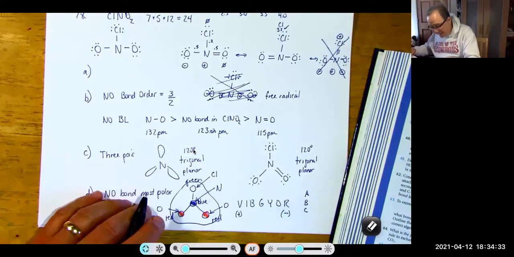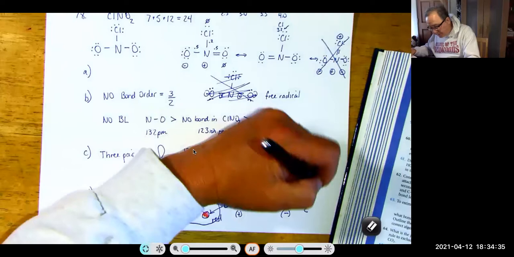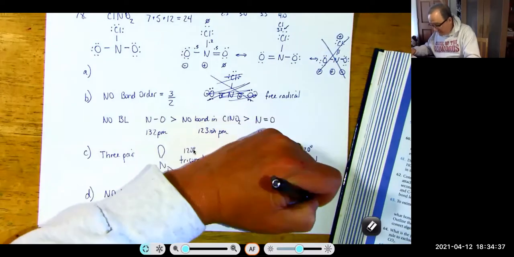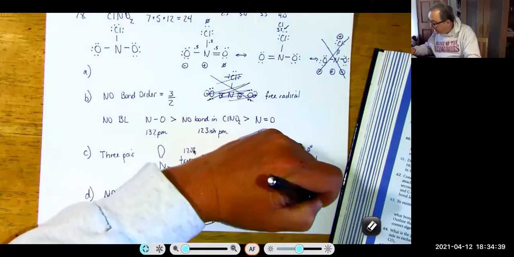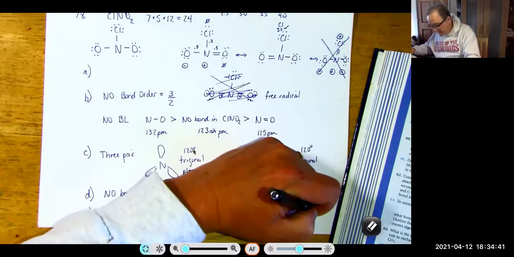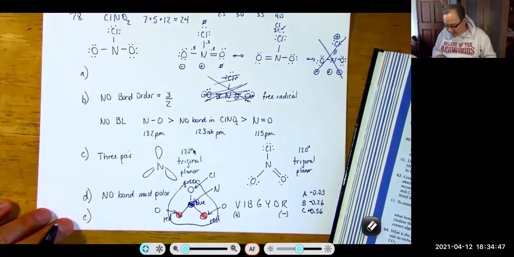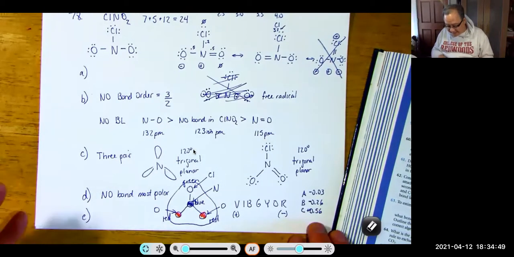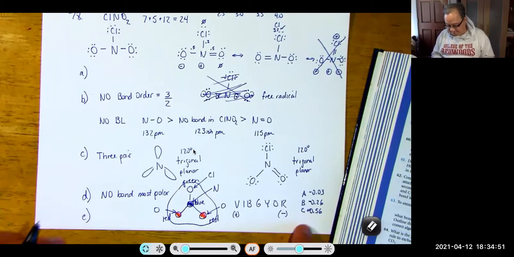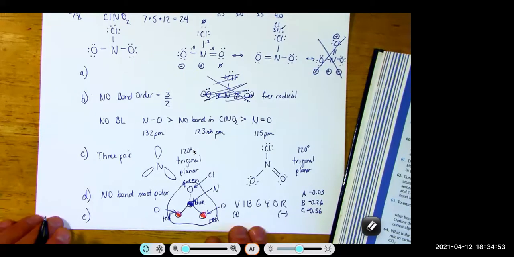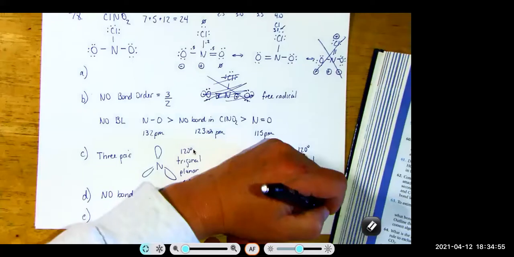Now, when we look at the numbers, when we say A, B, and C, they say that A is negative 0.03, B is negative 0.26, and C is plus 0.56. So which one of these is nitrogen? The middle, the lowest, the highest one.